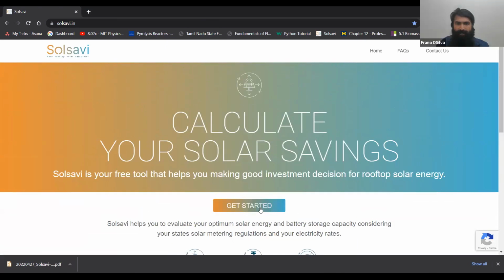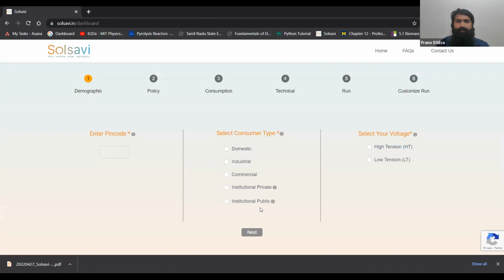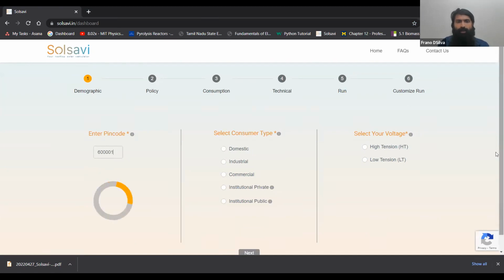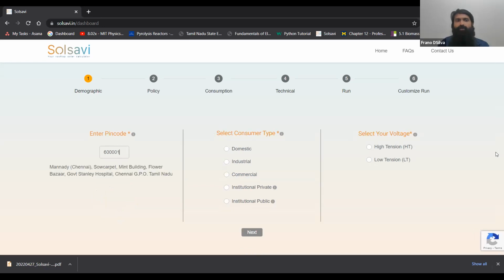Moving further to simulate the second scenario, please press the Get Started button, which will take you to the demographic page. At the demographic page, first we define our location. And as mentioned earlier, the location was decided to be Chennai. Please enter 60001 and wait for the description to load.